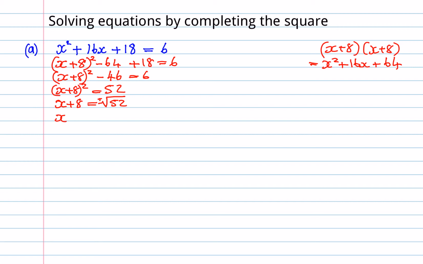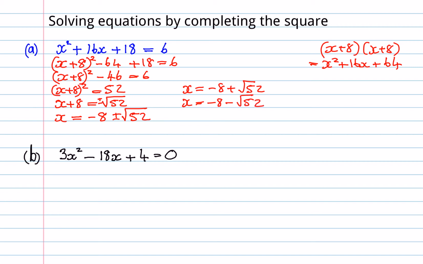Therefore x is going to be equal to negative 8 plus or minus the square root of 52. So here we have the two solutions to this quadratic equation. x is equal to minus 8 plus root 52, and also x is equal to minus 8 minus root 52.